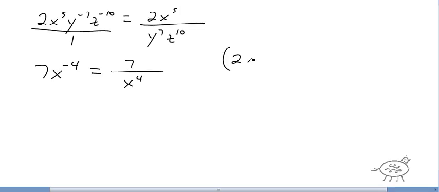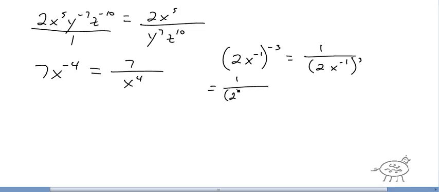So 2x to the negative 1 to the negative third power. All right, so I'm going to do this first. And that's to the positive third power. And then you deal with the exponent again. So that's equal to 1 over 2 cubed x to the negative 1 cubed.